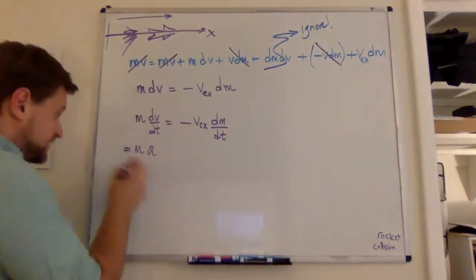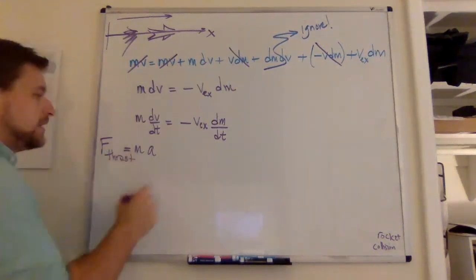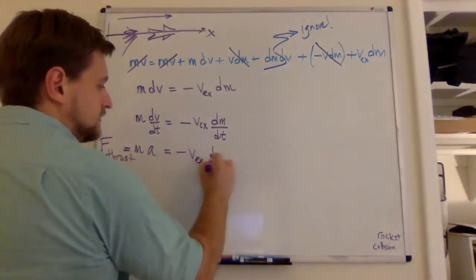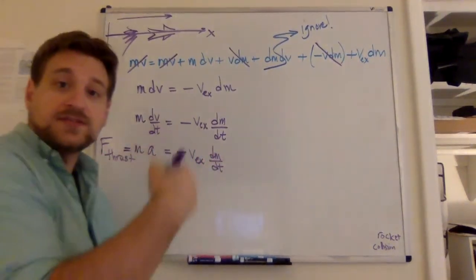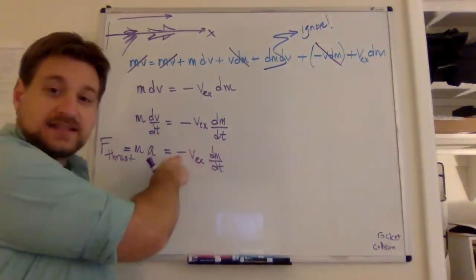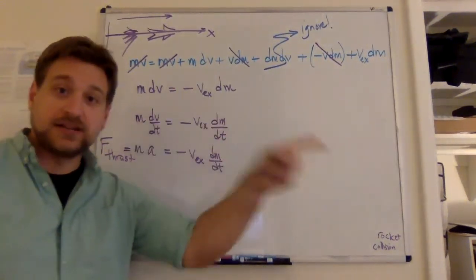So the force on the rocket, the thrust that the rocket experiences, is apparently equal to negative V exhaust dM/dt. And remember, dM/dt is the rate of change of the mass of the rocket. It's decreasing, so it's negative, which cancels this negative, and we actually do get a forward force accelerating the rocket.